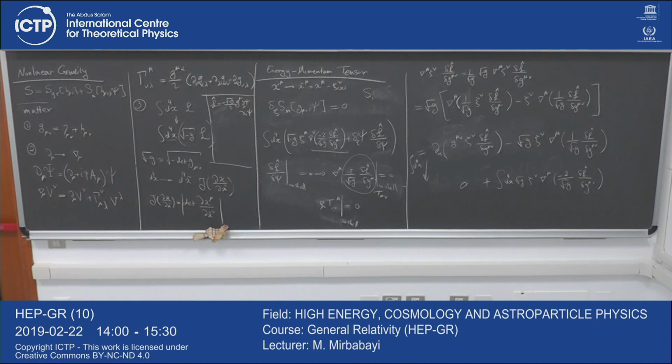This is an on-shell statement, so classically it is true. And then if you want to ask what happens quantum mechanically, then the statement would be that, for instance, the expectation value of this operator is 0, or this is 0 inside the expectation values up to maybe some local, some contact terms.